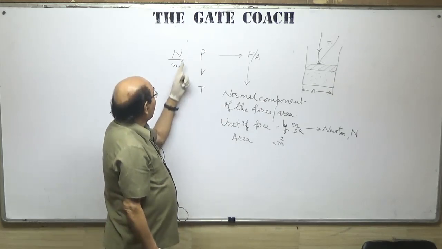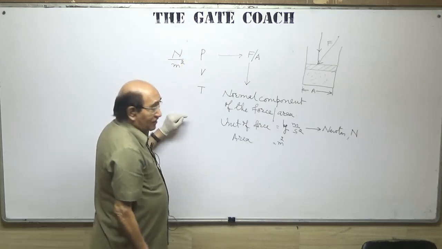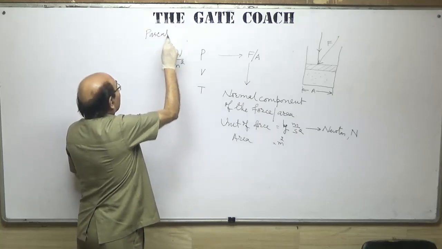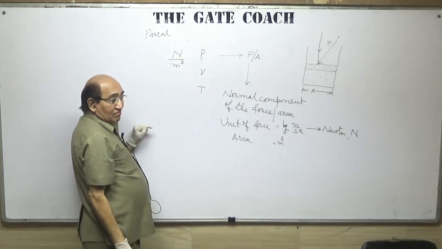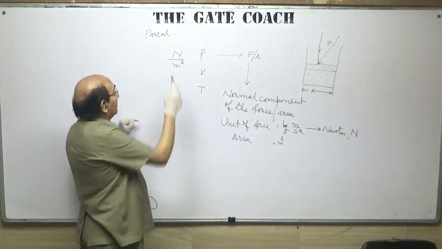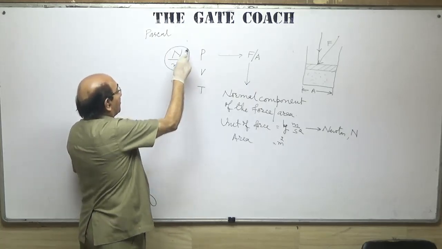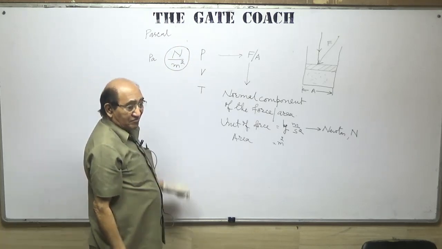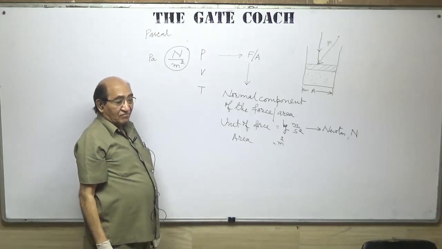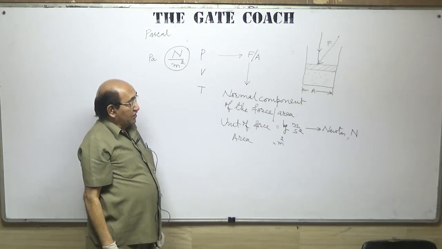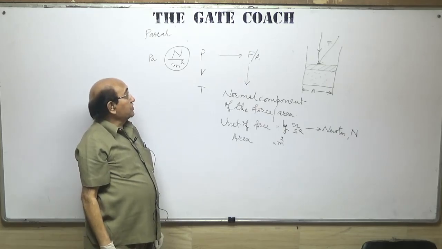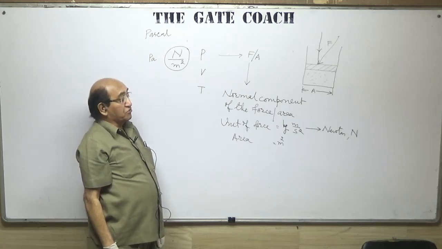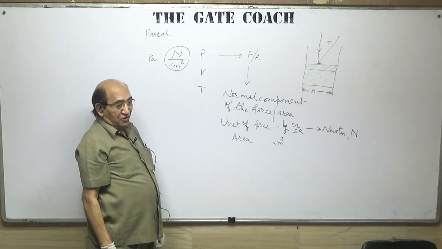And for the pressure, Newton per meter square, this concept was given by Mr. Pascal. And to get the popularity, instead of using the term Newton per meter square, he suggested using the term Pa. So, my dear friends, pressure from now onwards we will be writing in Pascal, Newton per meter square, kilopascal, kilonewton per meter square.